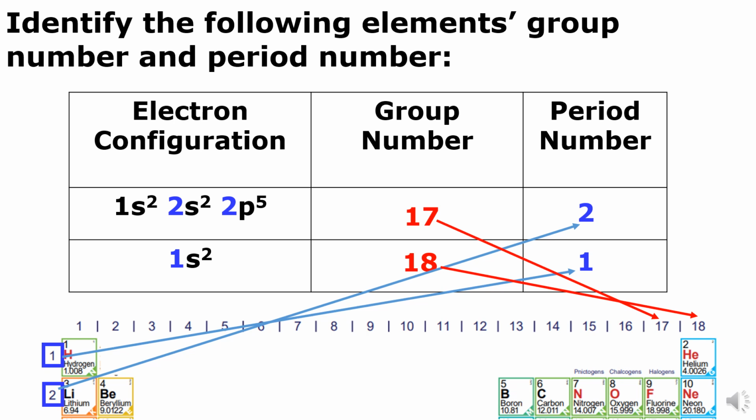Helium is chemically inert, like other noble gases, because its outermost and only energy level is filled with 2 electrons. This fully filled energy level makes it stable and unreactive, aligning it with the properties of group 18 elements. Therefore, when we see an electron configuration of 1s2, we should know its group number is 18 and its period number is 1.